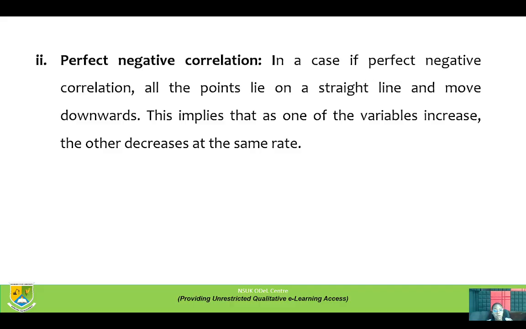Perfect negative correlation. In this case, all the points lie on a straight line, but this time they move downwards. And this implies that as one variable increases, the other decreases at the same rate.